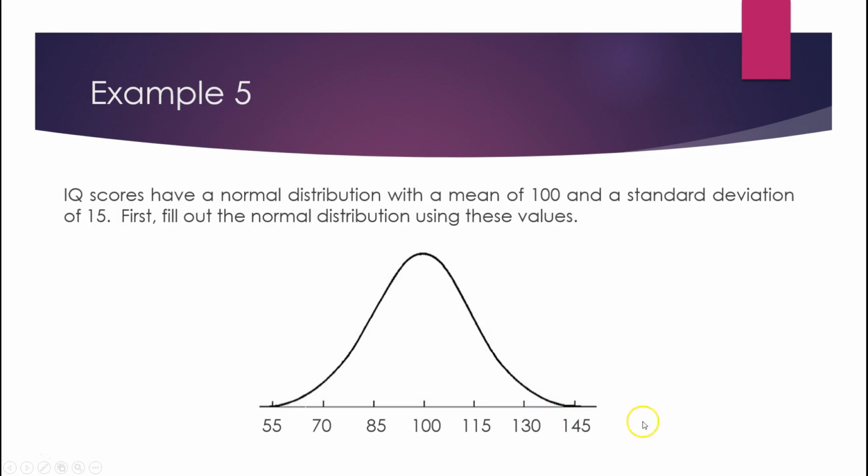There are more standard deviations here, but we kind of stop because there's not many people that have an IQ score of over 145. So in general, we will stop at 3 almost always. But they keep going. We just don't need to focus on them. Going down, 100 again is in the middle, and each step takes away 15. So that's going to be 85, 70, and then 55.